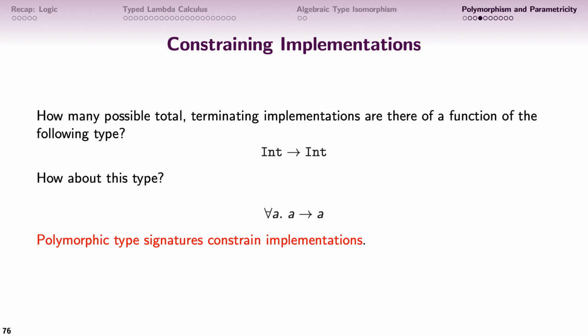It means that the number of possible ways I could implement a function goes down if I have a more general type signature. And the more general my type signature is, the fewer mistakes I could possibly make when implementing that function. So there's a notion of what's called parametricity. If I take a look at a parametric function type, let's go back to the board again.